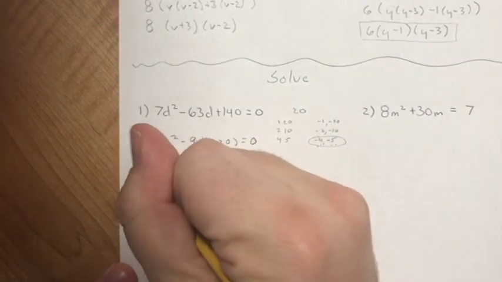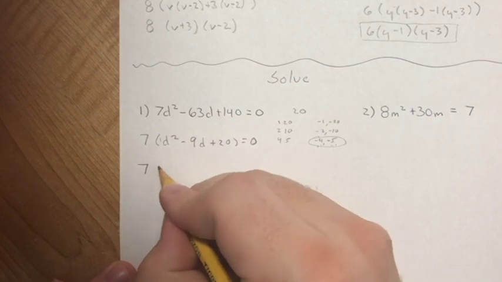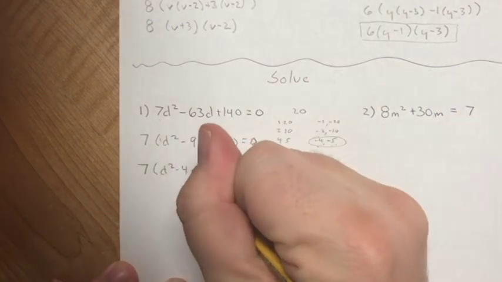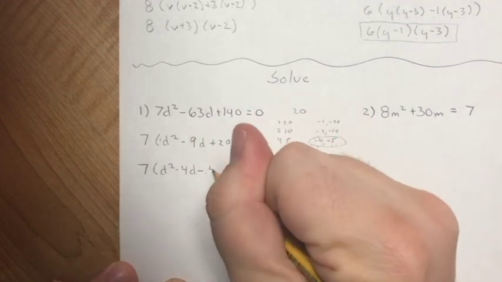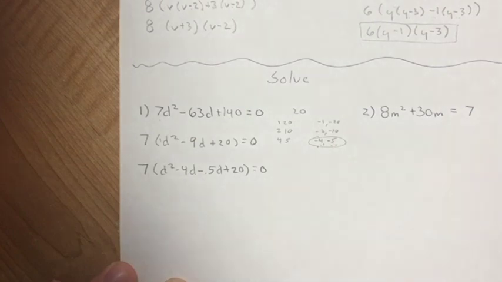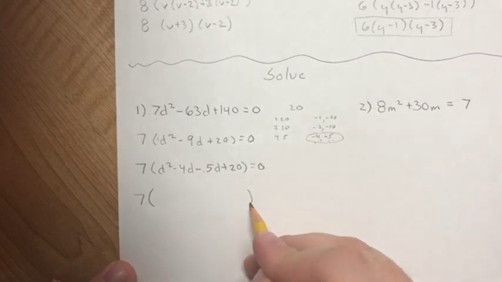Knowing that, I can go ahead and finish this out. Bring down my first term, my 7, my factor, and I could say d squared minus 4d minus 5d plus 20 is equal to 0. Now I'm going to bring down my 7 again, put my parentheses here because I'm going to need it, put another one here.